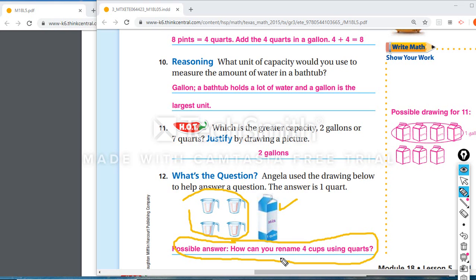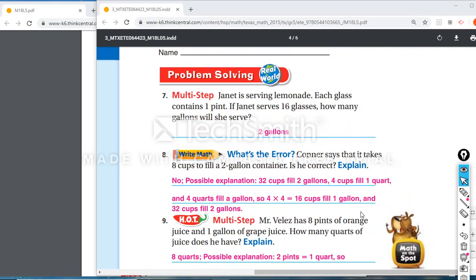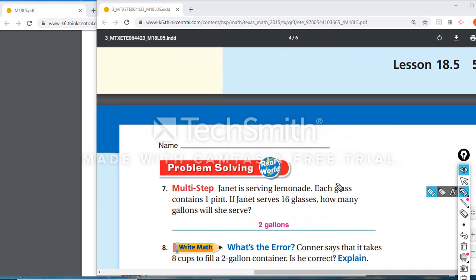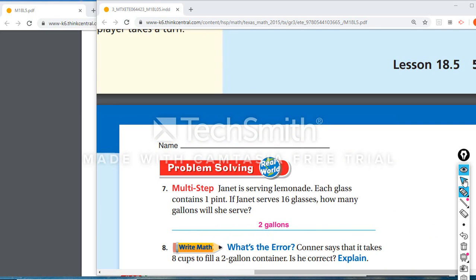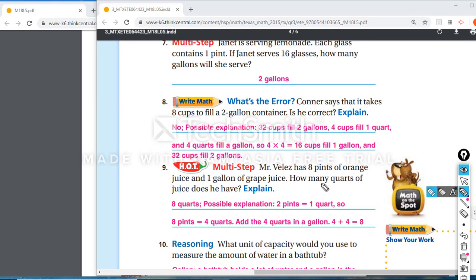So again, the key for this lesson, boys and girls, is understanding that when they're asking you questions about different units of capacity, convert them into the one that they're asking you for.